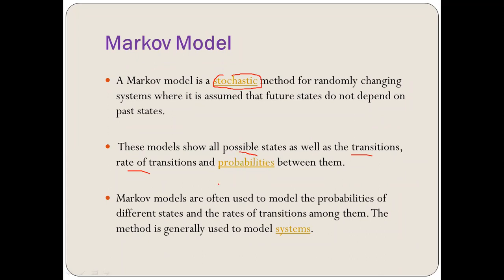Markov models are often used to model the probabilities of different states and the rate of transition among them, and these models are used to describe these sources.